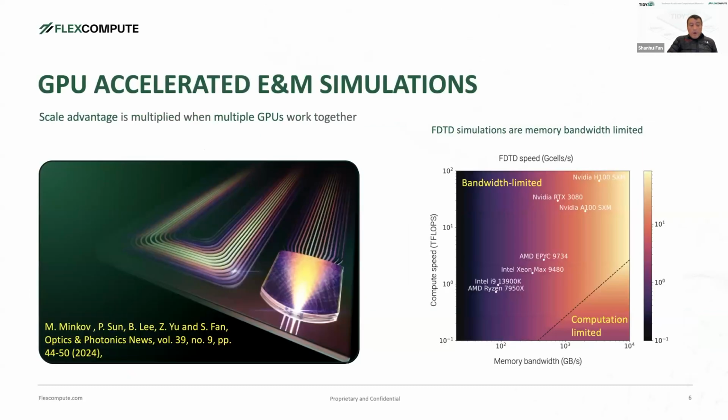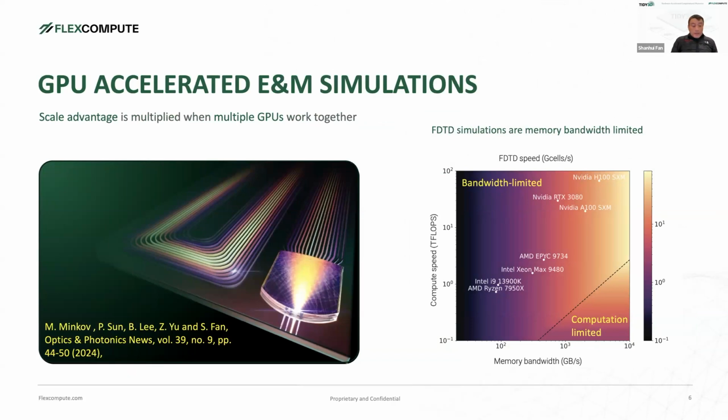One of the important aspects of Tidy3D is that it's GPU accelerated. And in our case, we spend a lot of time innovating both on the algorithm as well as on the hardware cluster that we have in the computer to deliver this performance.